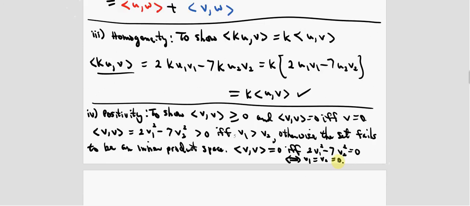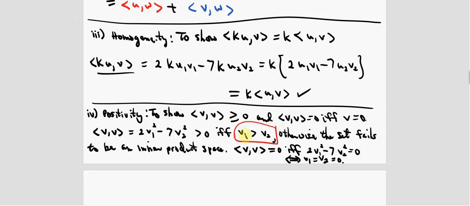And so that's the only way that we get 0. Can you see that? So this particular inner product would fail because of this statement right here.